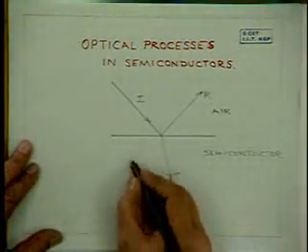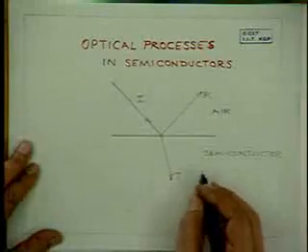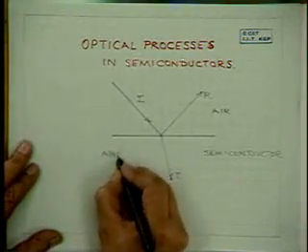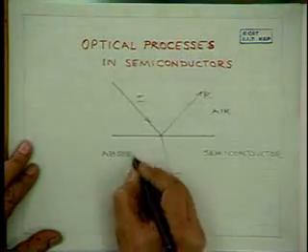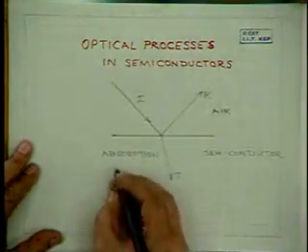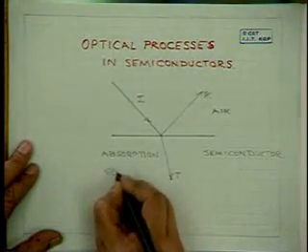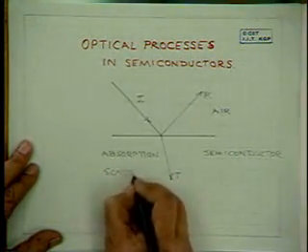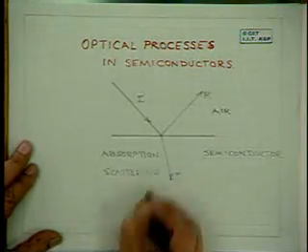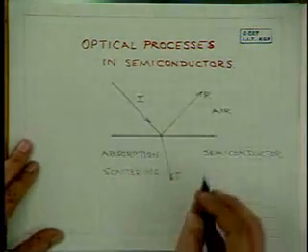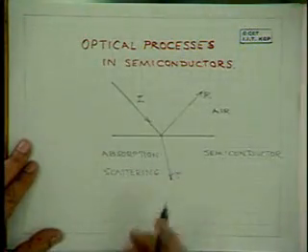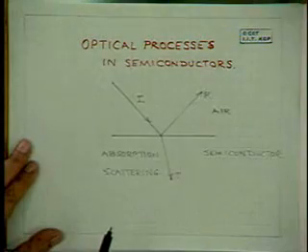The transmitted beam consists of portions which are absorbed and portions which are scattered. We'll discuss the various processes of absorption in a semiconductor in detail subsequently.